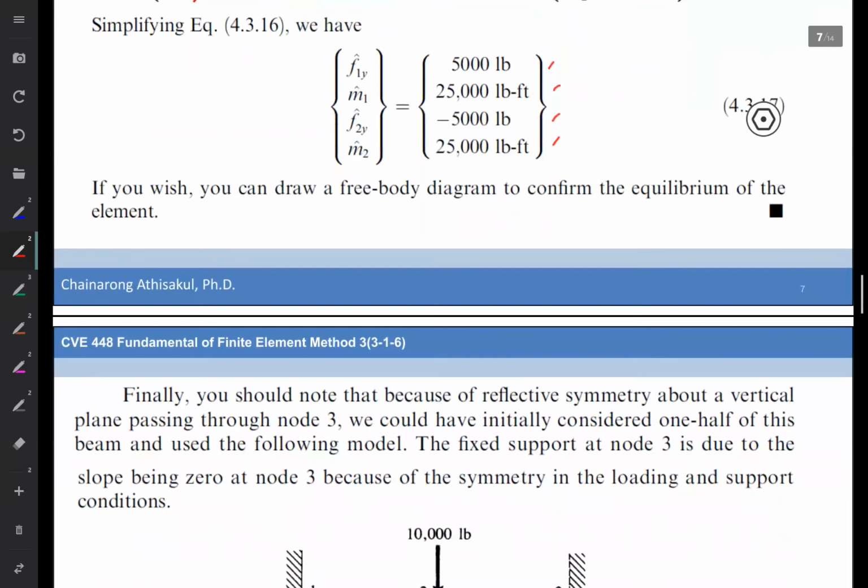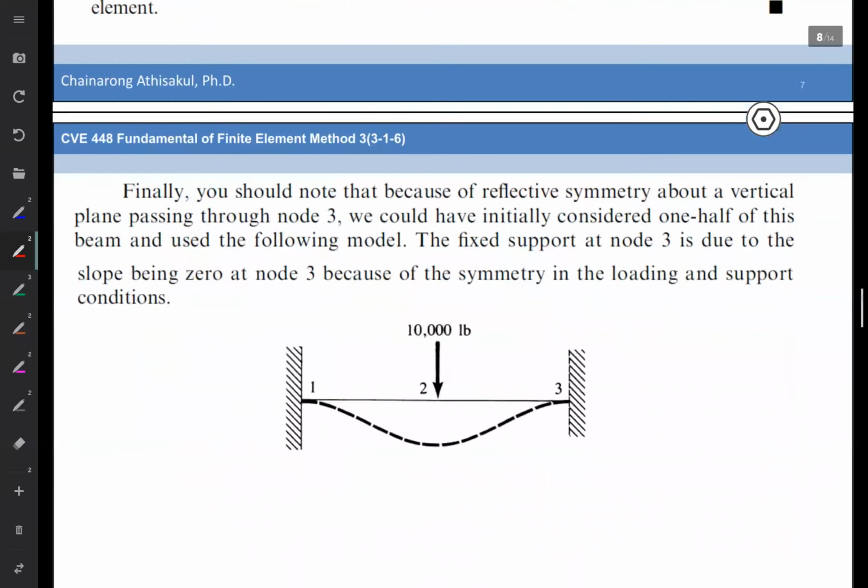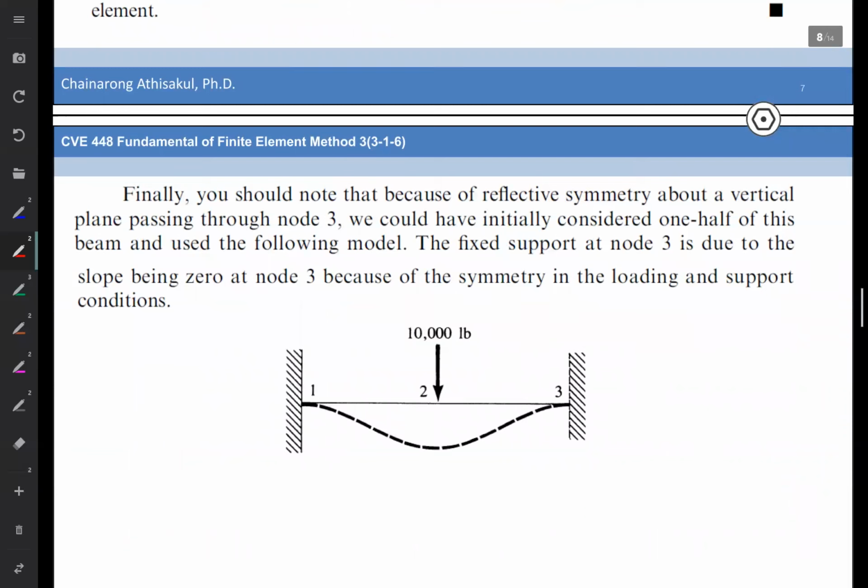Okay, but according to the total force that we obtain over here, we can use it to draw the free body diagram and solve for the bending moment at each point. Okay, and actually because it is a symmetric case, we can simplify it. By using the symmetric case, we can simplify the problem from 5 elements into just 2 elements like this.